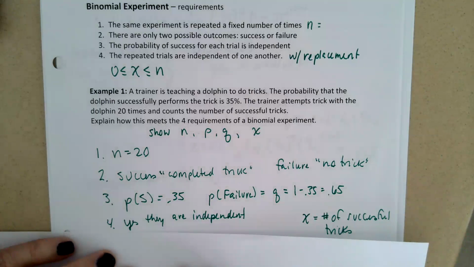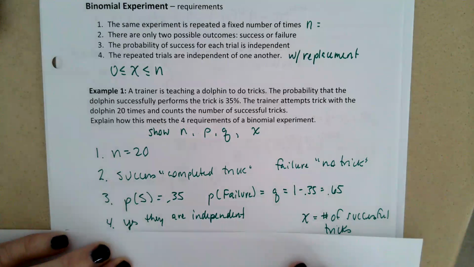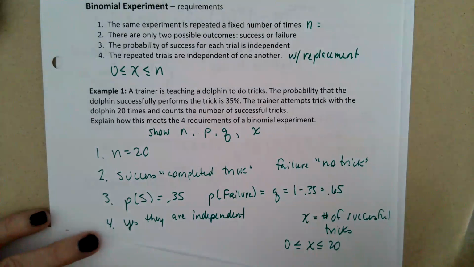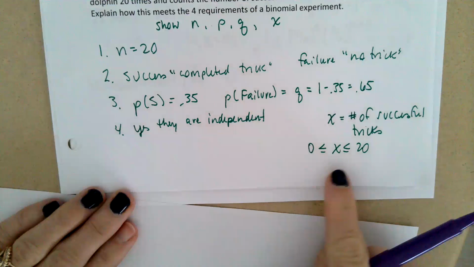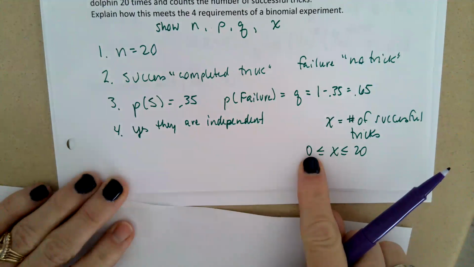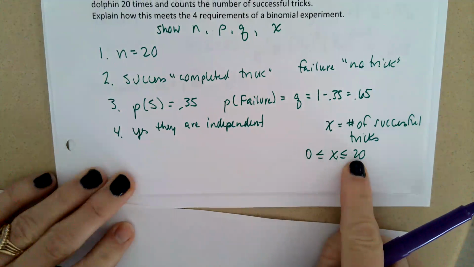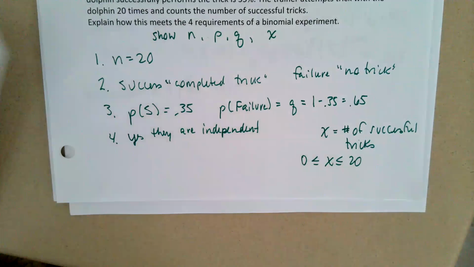Now, some might say it's dependent because the dolphin may get tired after so many attempts, but we're going to treat this as independent trials. X is the number of successful tricks. And X can be anywhere from 0 successful tricks all the way through all 20 attempts were successful.